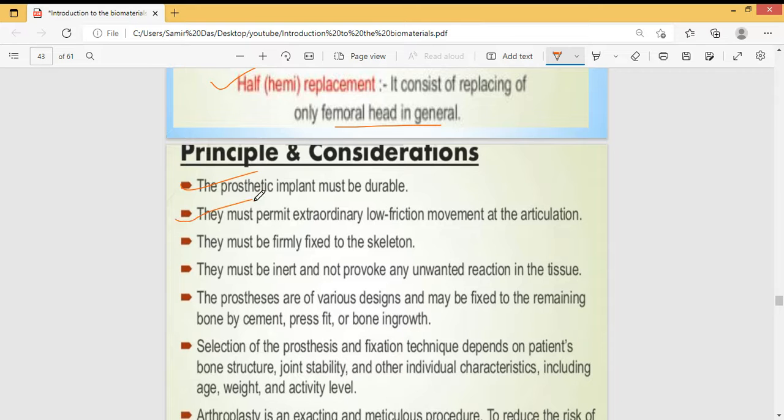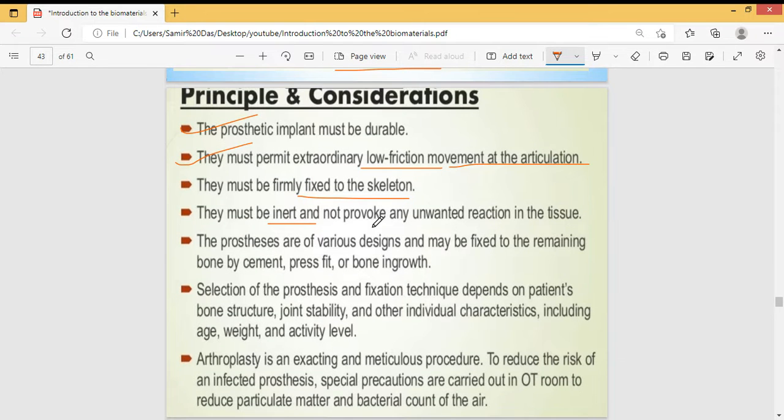They must permit extraordinary flow, friction or low movements at the articulation. They must be firmly fixed with the skeleton. They must be inert, not provoking any unwanted reaction with the tissue. They should not create undesirable mineralized material in our body fluid.